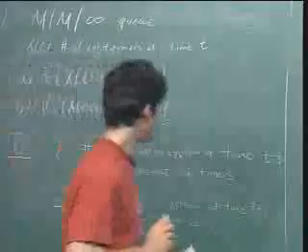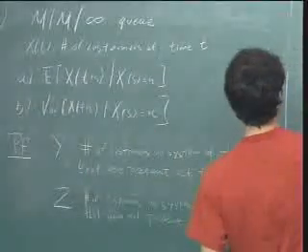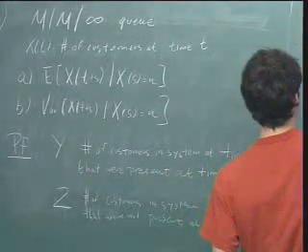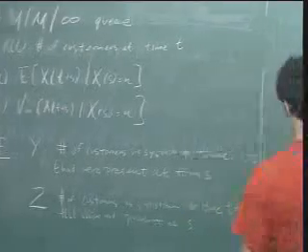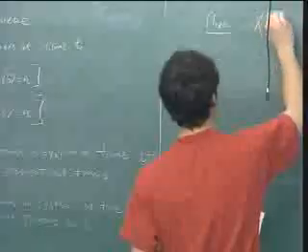Okay. So then we can write X(t plus s) as the sum of Y and Z.